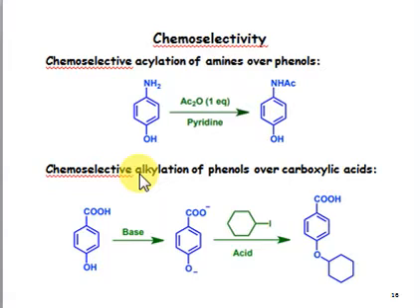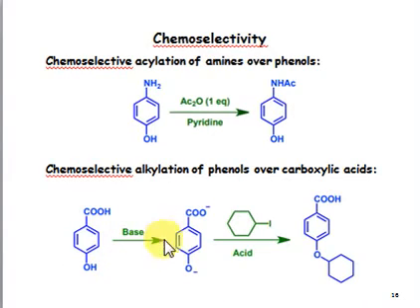While if you want to carry out the O acylation, or rather the alkylation of an OH. In this specific reaction, you have an OH of a carboxylic acid and an OH of a phenol, right? But you want to carry out the alkylation of the phenol, and you don't want to alkylate the carboxylic acid. For that purpose, you can use any base, because it's easy to pick up the proton of this phenol, right?